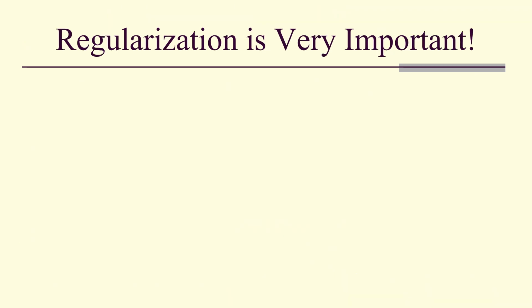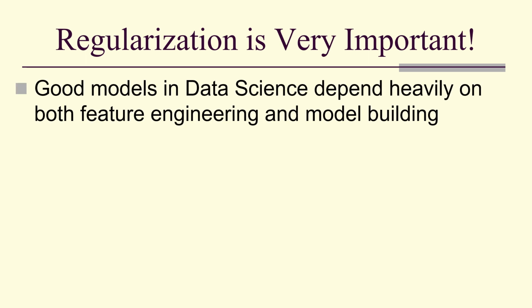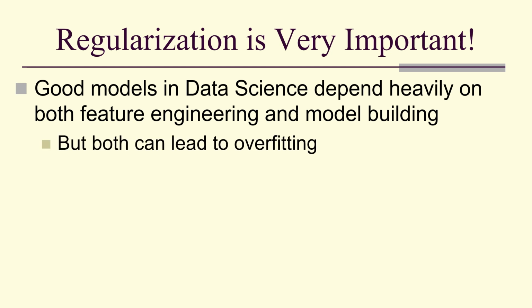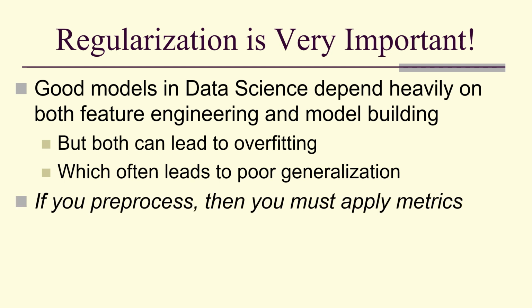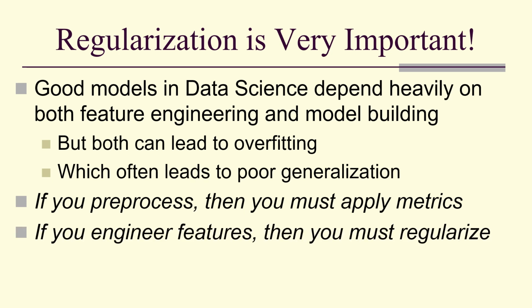So regularization is very important. Good models in data science depend heavily on both feature engineering and model building. Both can lead to overfitting, which often leads to poor generalization. If you pre-process, then you must apply metrics. That's something we emphasized earlier. But if you engineer features, you must regularize.